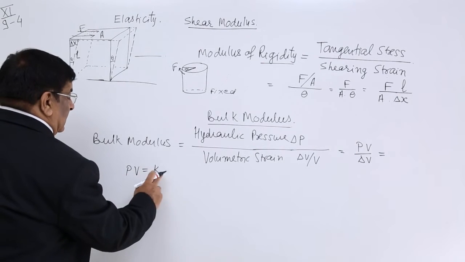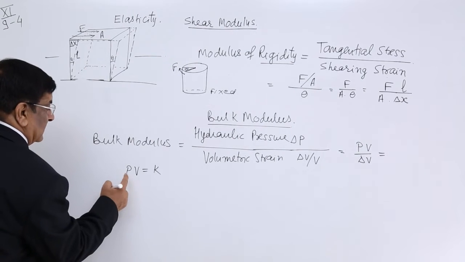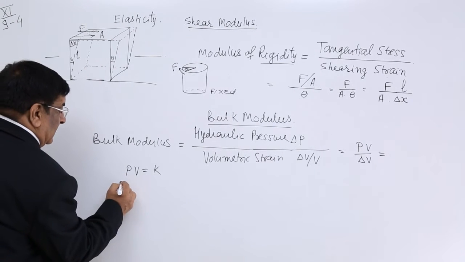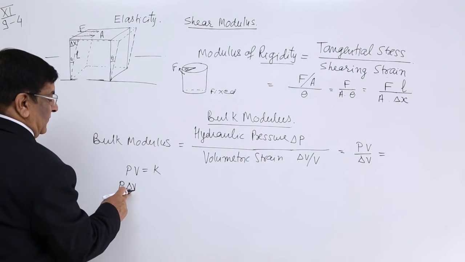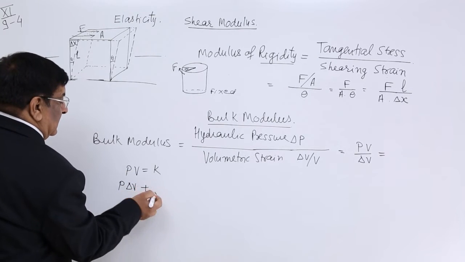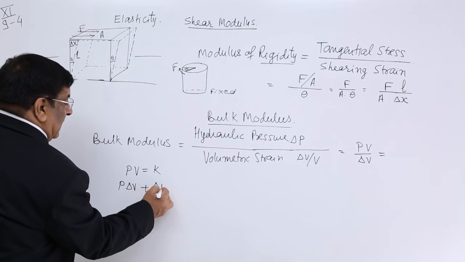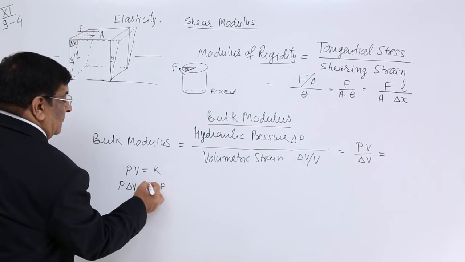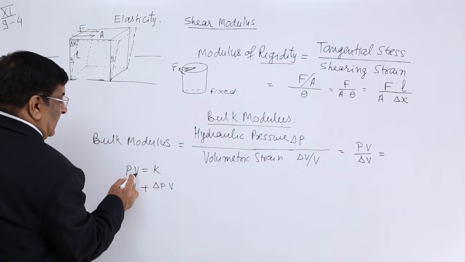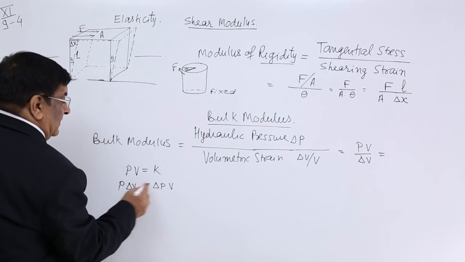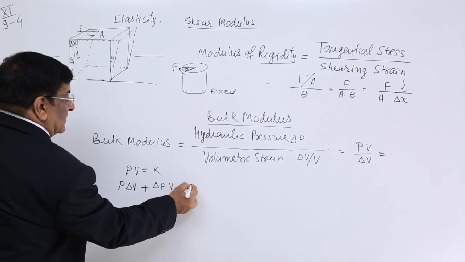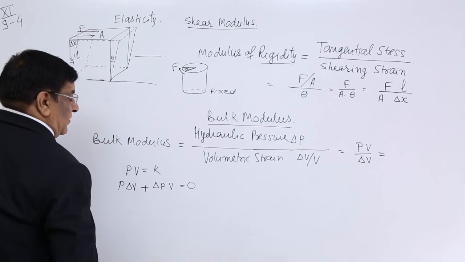Now differentiate: first P constant, differentiate V, delta V, plus differentiate P, delta P, V constant, is equal to the differentiation of K, which is 0 because it is constant.